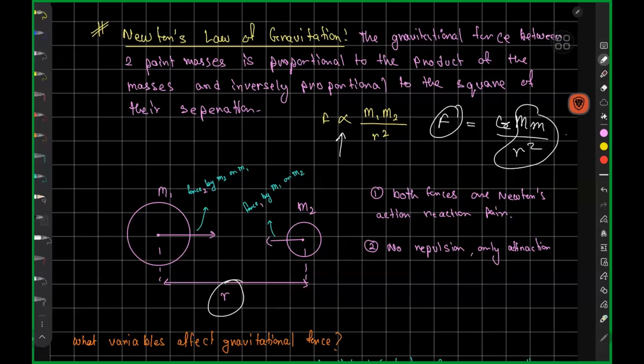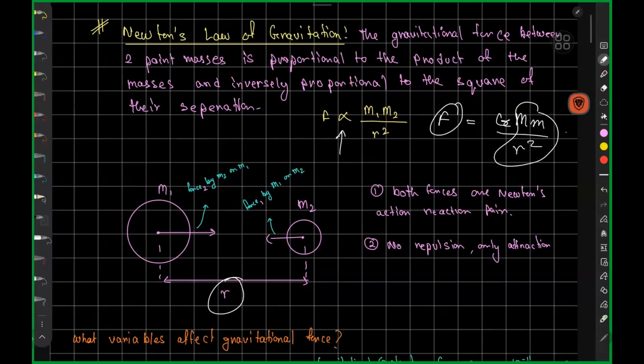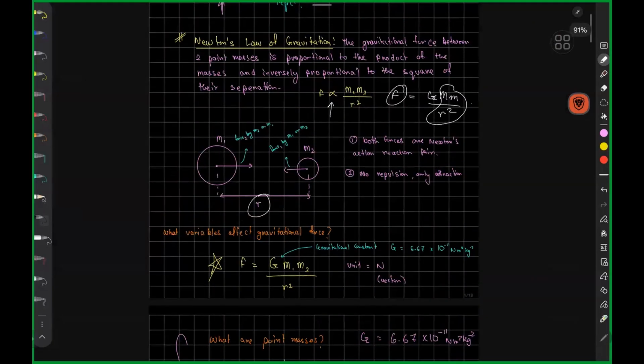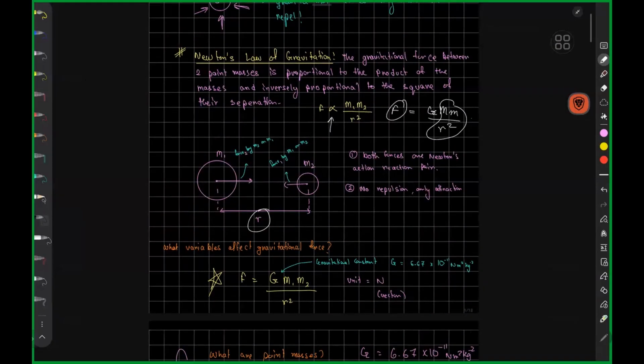So essentially, this is experimentally found out. There's not much of a derivation to it. The value of G, you'll find it later on as well, but it's probably 6.67 times 10 to the power of something. That is a constant, and that was experimentally found out.